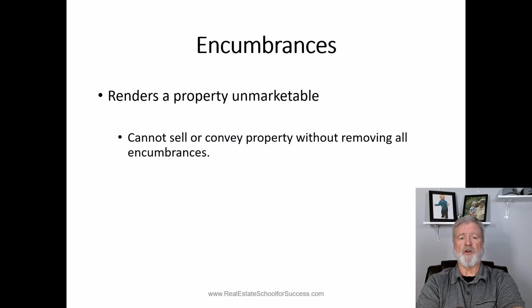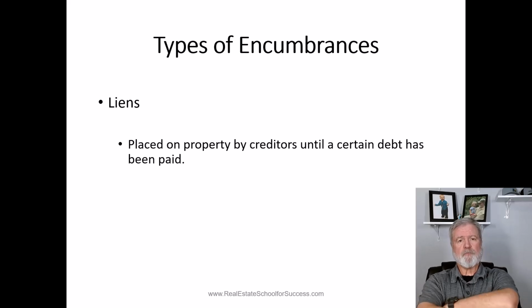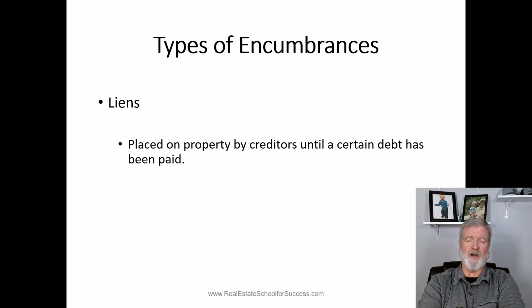That's what unmarketable means. Now, there are many different types and examples of encumbrances, quite a few of them, and we're going to be going through what some of those examples would be. But we're going to start out with a lien. Well, what are liens? Obviously these are legal documents that are filed at the courthouse, typically meaning you owe money.